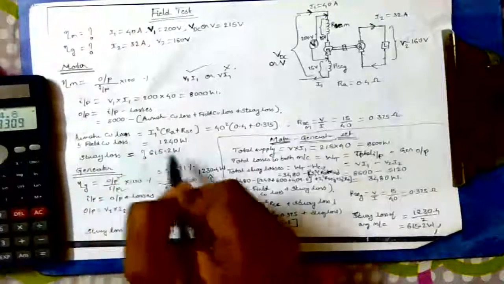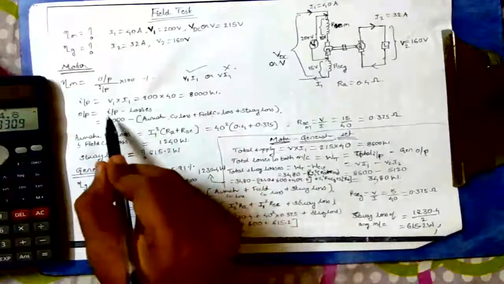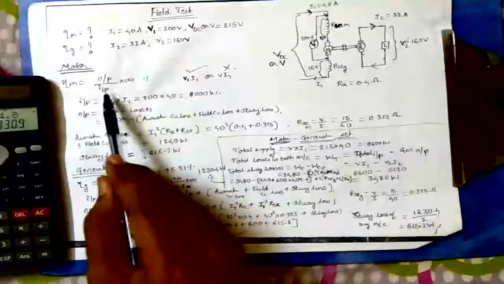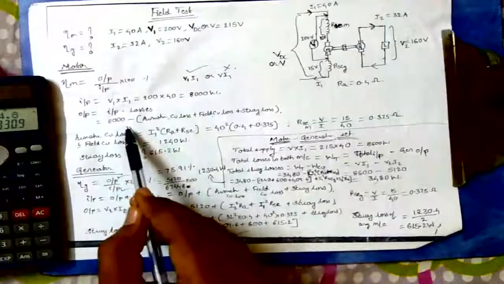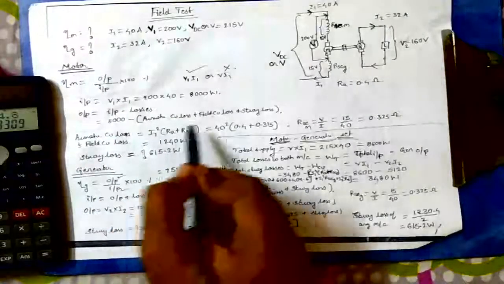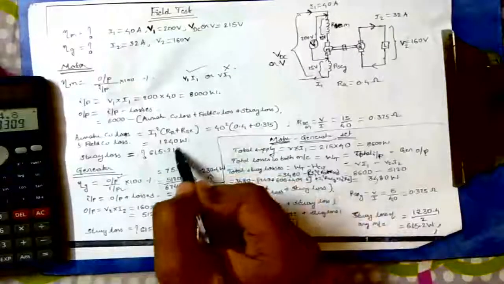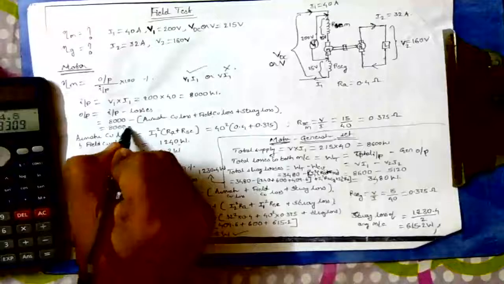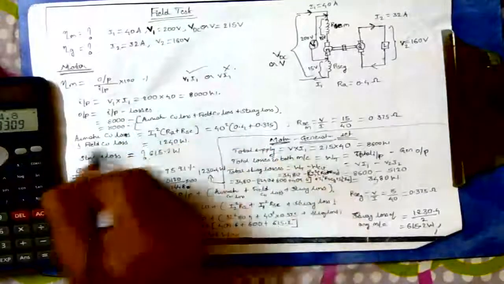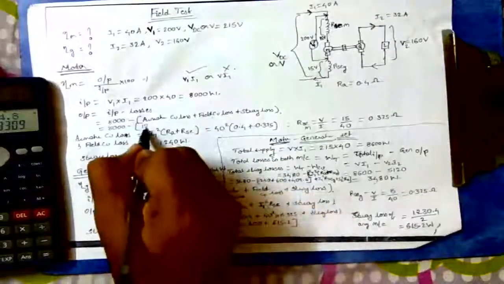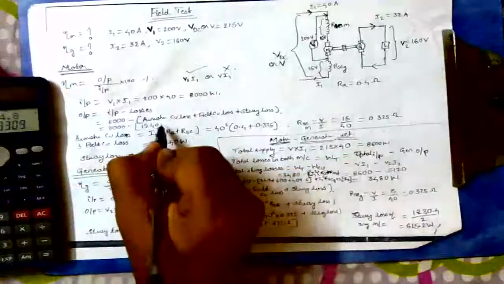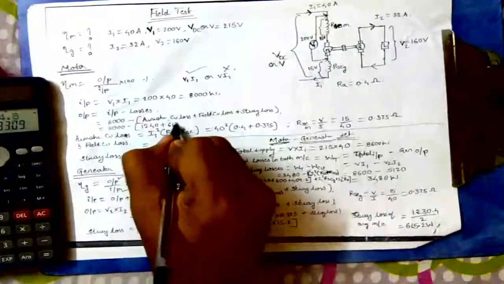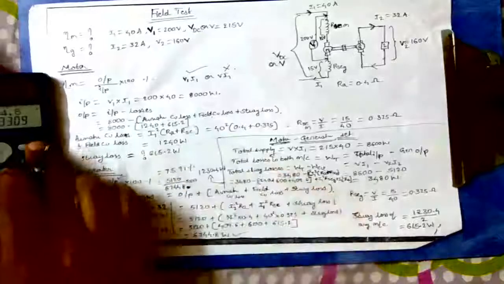We aren't finished yet, because we still need to calculate the efficiency of the motor. The input we already know, and what remains is the output. To calculate the output, we just substitute the values. 8000 minus the armature copper loss plus field copper loss, already calculated, around 1240, and the stray loss, 615.2.